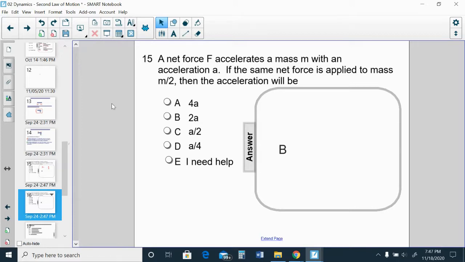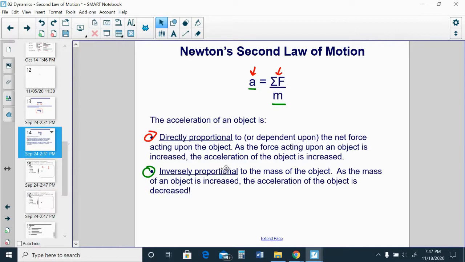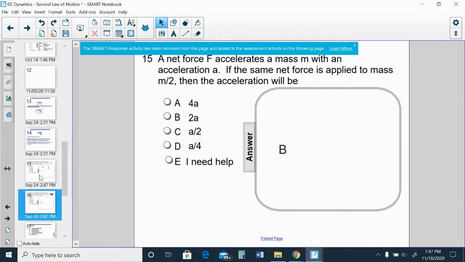So again, mass and acceleration are inversely proportional to each other. So whatever happens in one, the opposite will happen in the other. In this case, the mass is being halved. If the mass is being halved, then acceleration is going to double. So B, or 2a, or 2 times acceleration, is the correct answer.